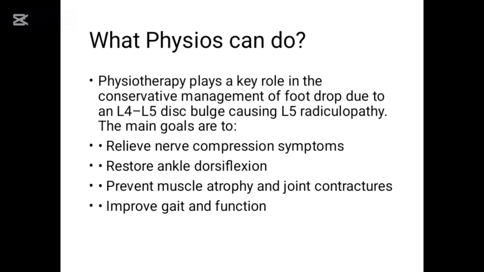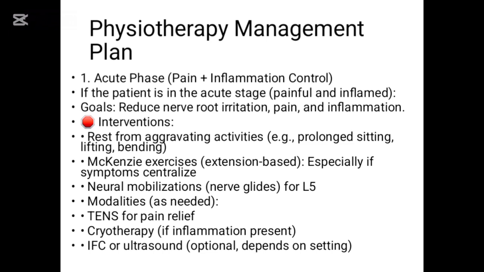So how can we do it? How can we make a treatment protocol for a patient, what exercises should we do, and what should we avoid to improve the condition? It includes the following things. Acute phase management is basically to control pain and inflammation. There can be pain or not, inflammation or not.